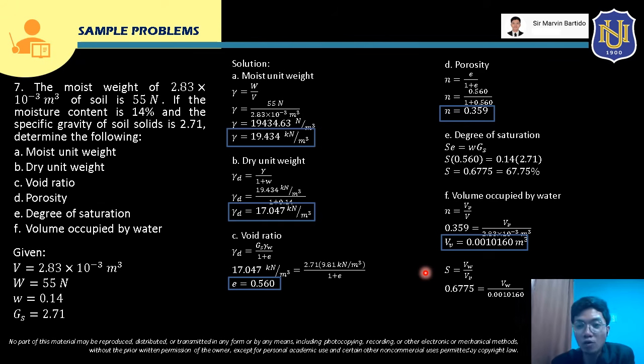Yung volume ng void natin, it's already this value, tapos yung degree of saturation, nakuha natin dito. So, pwede na natin makuha yung volume ng water. Yung volume ng water class ay 0.0000688 meter cube. So, this is already the answer for this. Itong box pala na to dito yung sa degree of saturation.